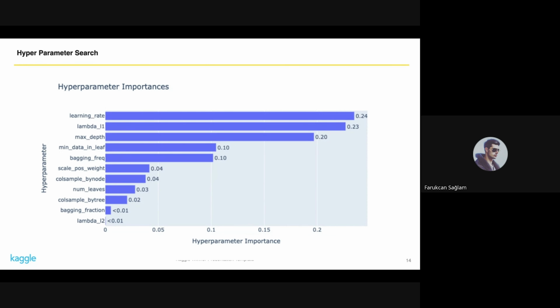So we can say that overfitting is one of the major problems in this data set because we can see the most important hyperparameters are about regularization, like L1 regularization or minimum data in gradient boosting tree leaves, etc.